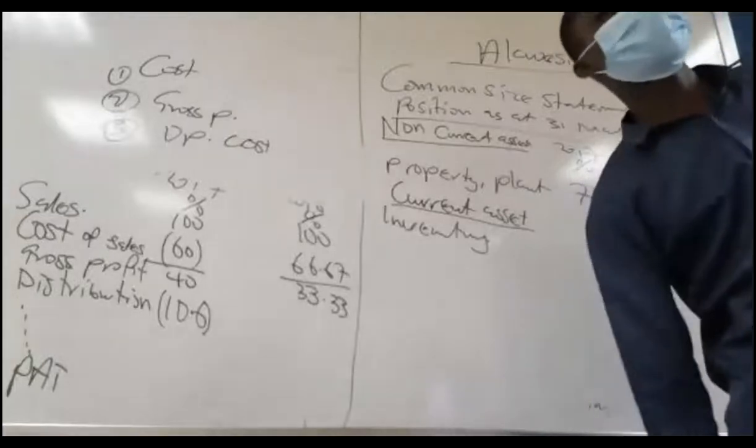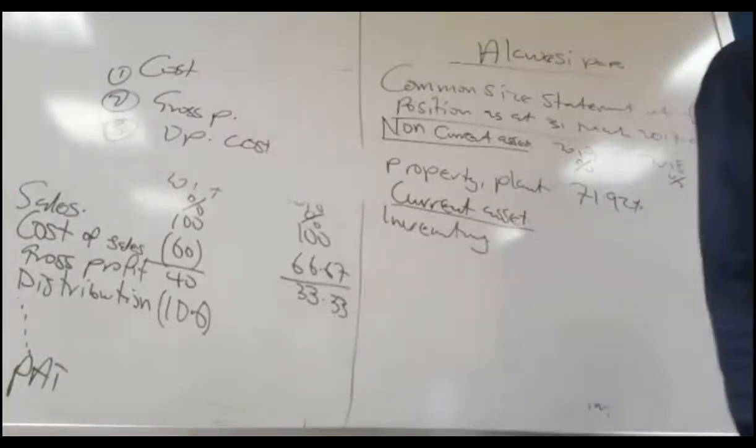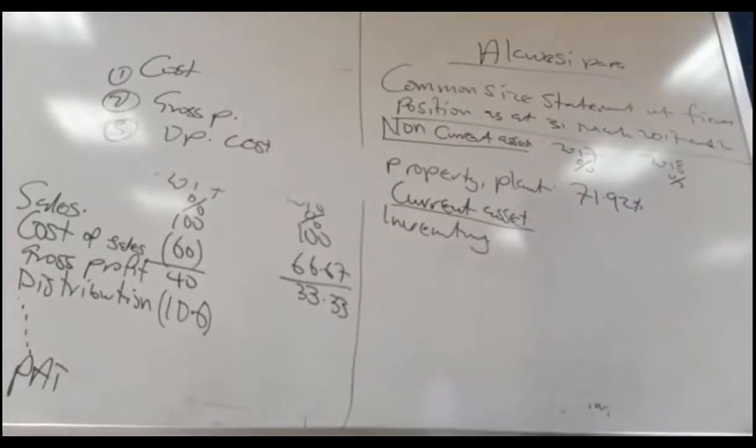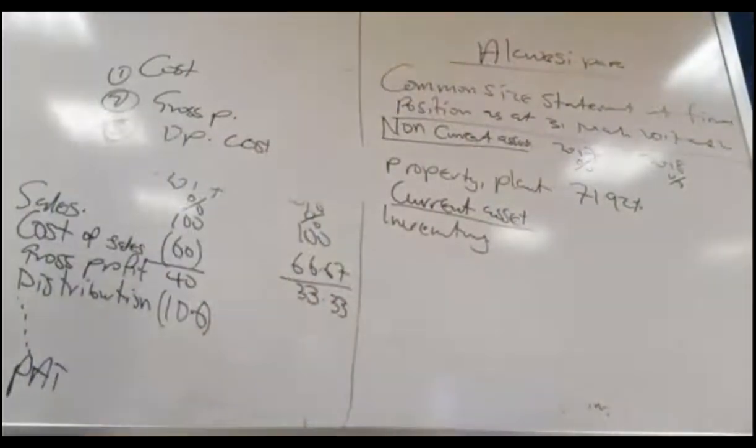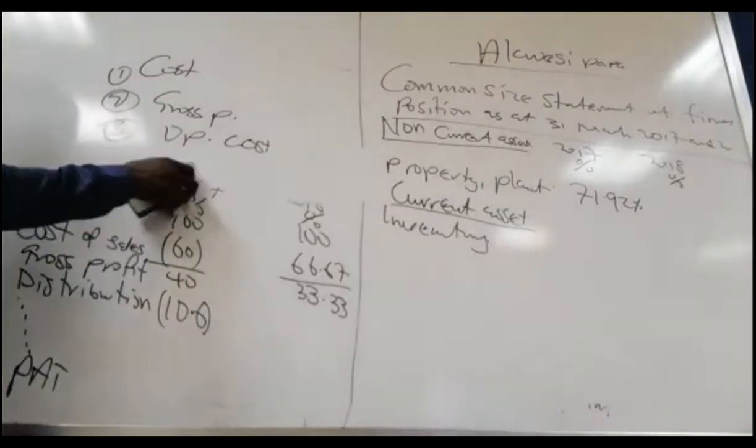Then finally, interest and tax and profit after tax. That's all I'm going to talk about. And any exceptional item. Maybe they sold a lot of goods, or a lot of their PPE, so they have a huge other income. You can also do that. So basically, they are about five, right?